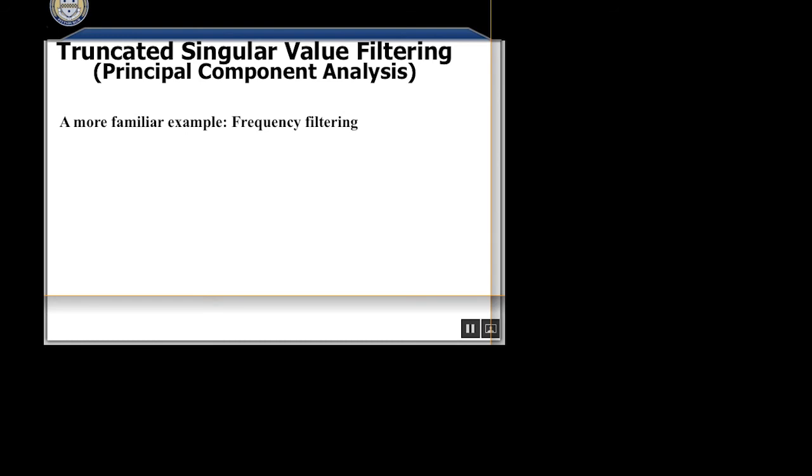So the first component, the strongest component, describes the strongest feature in the data. The next component is the next strongest, out to the last component, which describes the fine details.